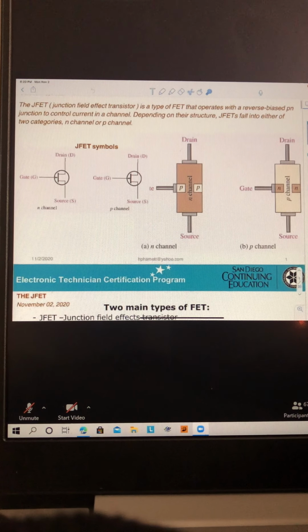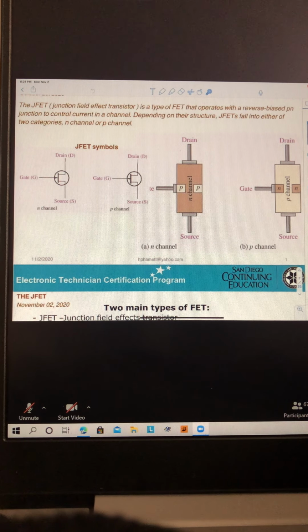Now you see on this figure, they show you this is N channel. N channel means that's the P side, and in here will be the N side.